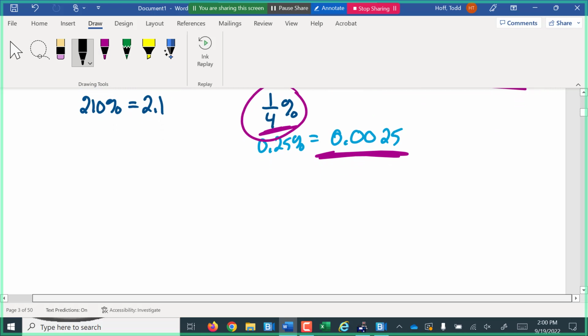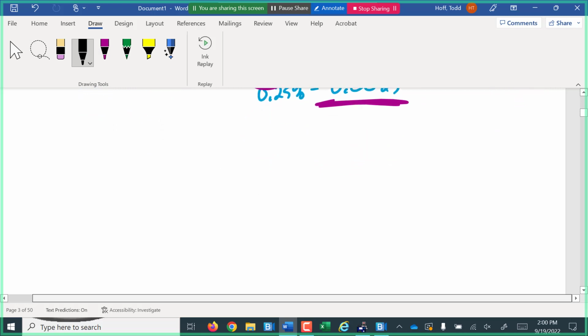Well, how about going the other direction? If I have a rate and I need to get back into a percent. So let's say I have a rate like 0.27. What that means is a rate is out of 1. So the rate of 0.27 means it's 0.27 out of every 1.